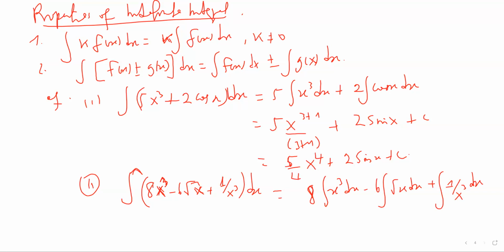Okay, so now in this case again, now you have 8 times x to the power 3 plus 1 over 3 plus 1, minus 6 times x to the power half plus 1 over half plus 1, plus the integral of 1/x cubed, which gives minus 1 over 2x squared plus c.